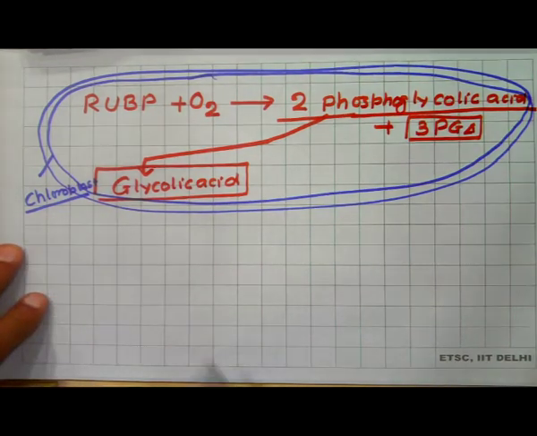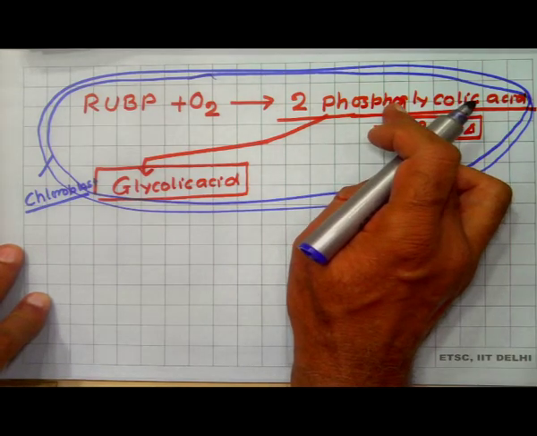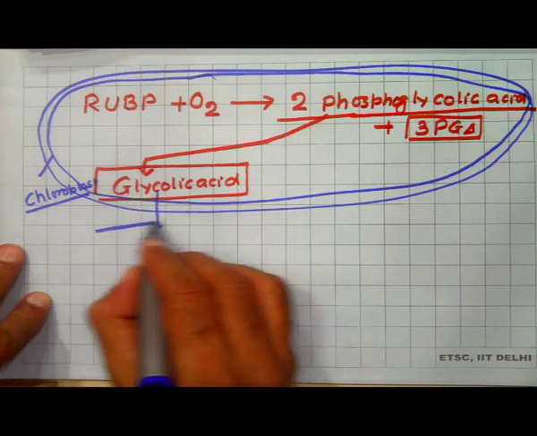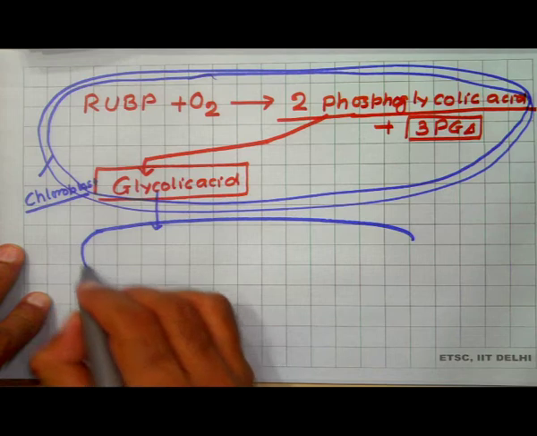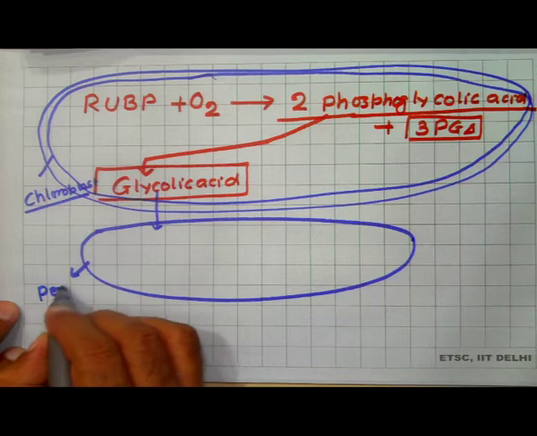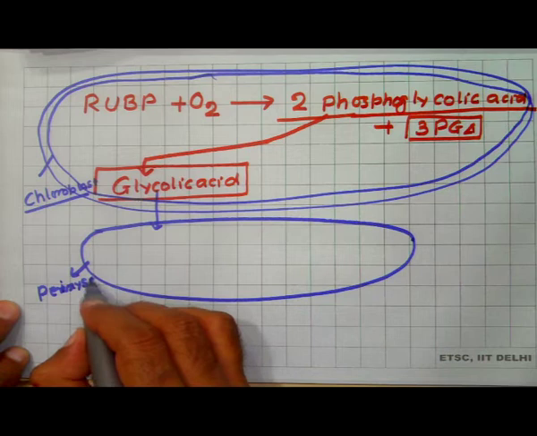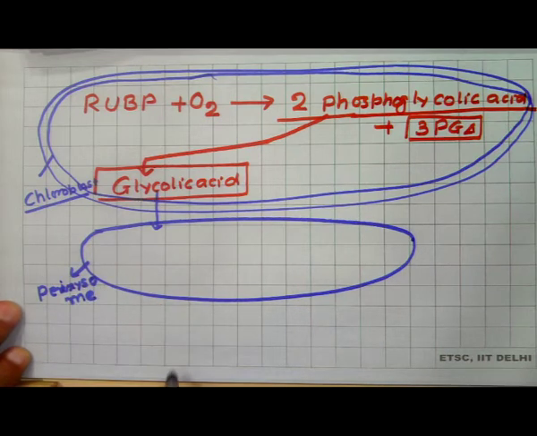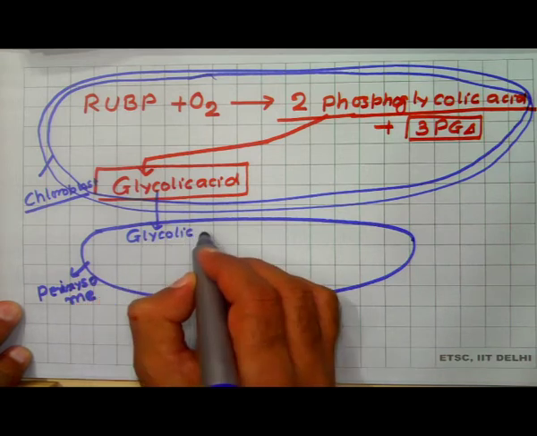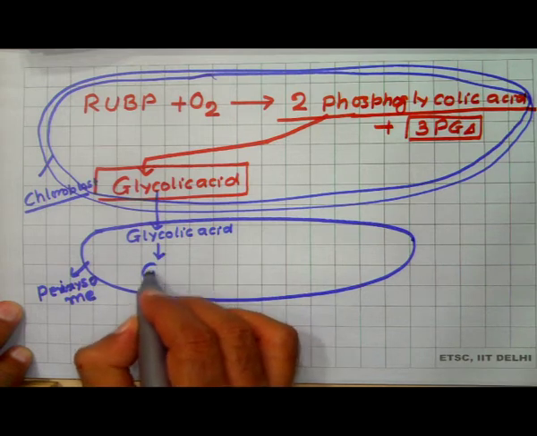Now, this glycolic acid, freshly formed during the midday, enters into the single membrane bounded structure called peroxisome, and here the glycolic acid transferred from the chloroplast is converted into glycine.